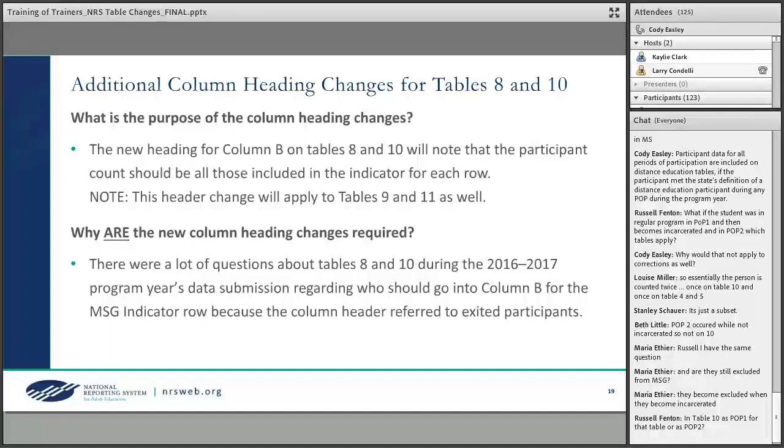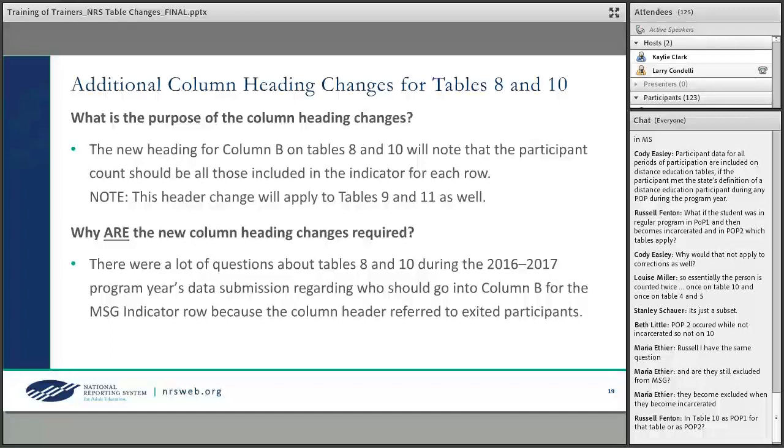Hey, Cody. So we actually asked this to Alan Tucker back in 2017 because the LEAP presentation said that if a student counted in any distance education POP, they counted as distance education for all POPs for that year. So we asked Alan Tucker this same question regarding both family literacy and the correctional participants.